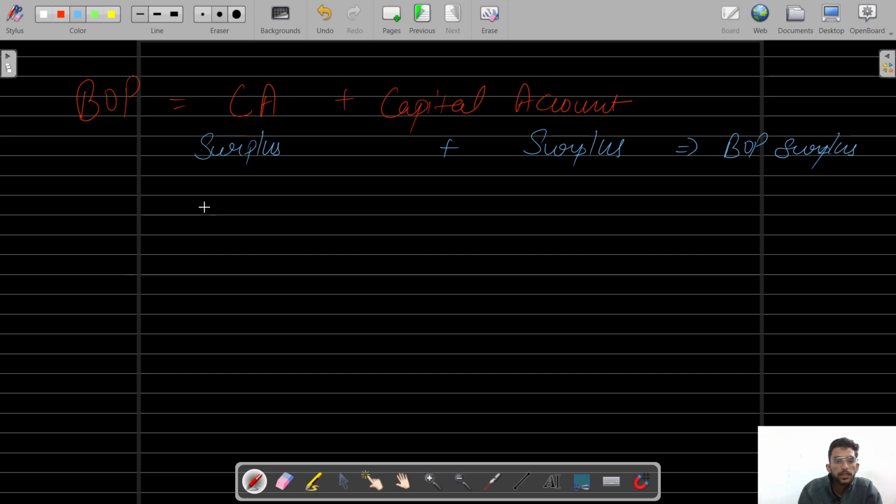When there is a deficit in the current account but surplus in the capital account, and the surplus is greater than the deficit, then there is balance of payment surplus.